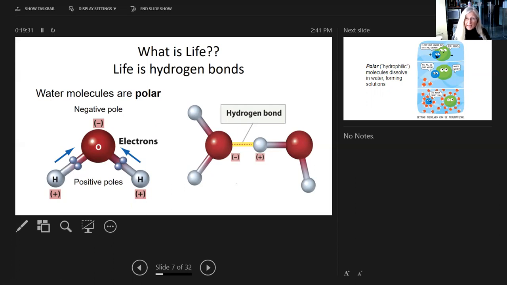Because really, that's what life on this planet, anyway, is. The hydrogen bonds are the basis for so many of the molecules that form the cells, and all the interactions between things that occur in cells are due to this unique property of water. Okay, so what is that property?